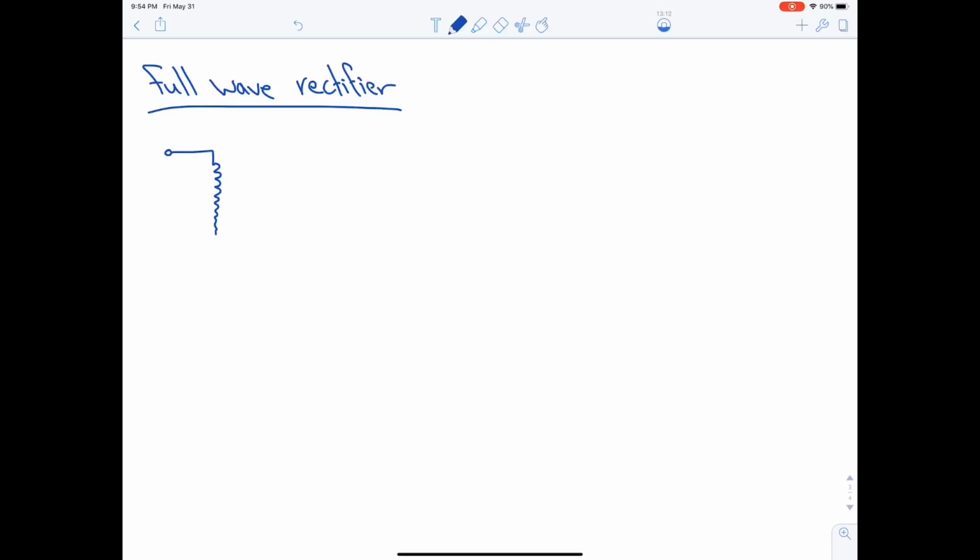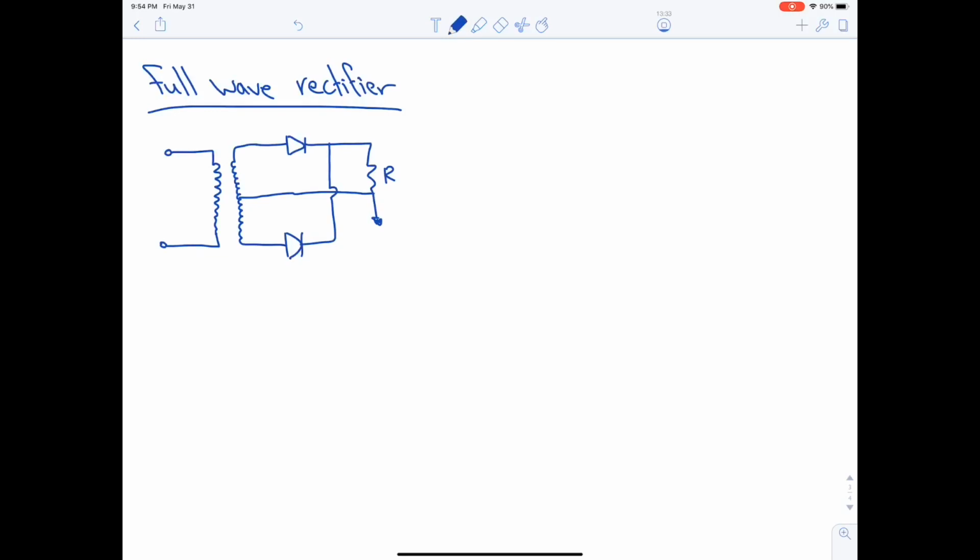This is actually a transformer. I don't know why it looks like this, but consider it as a transformer. The full wave rectifier has two diodes, one resistance, and it's grounded from here.